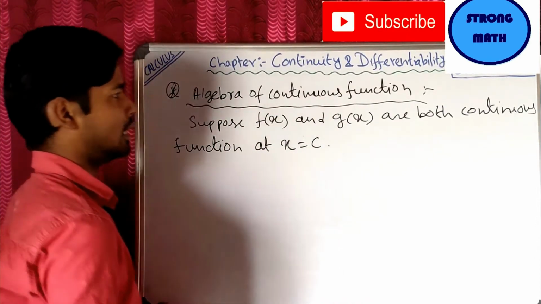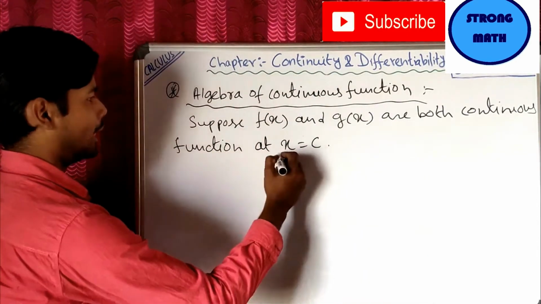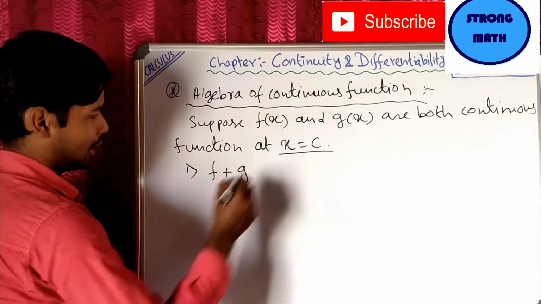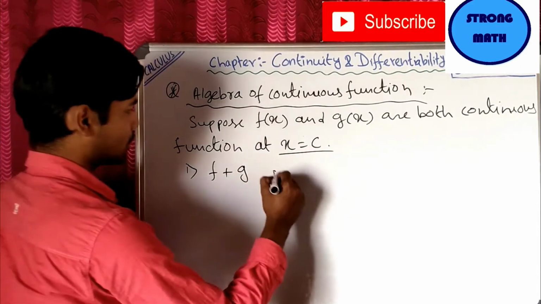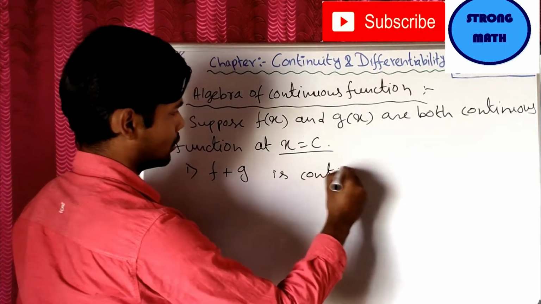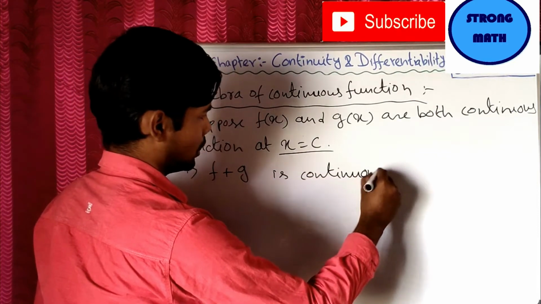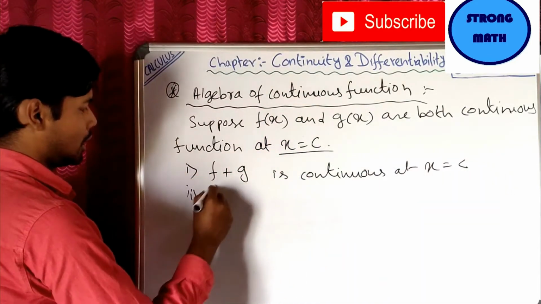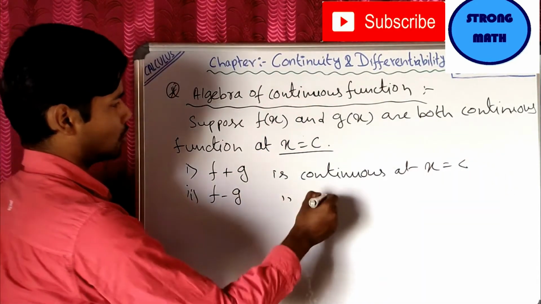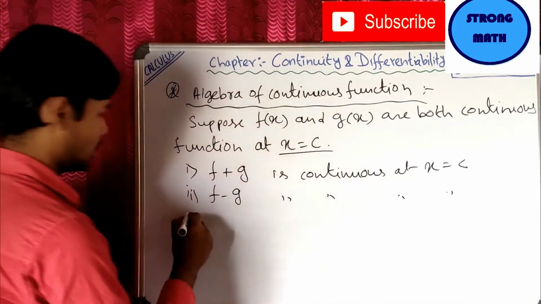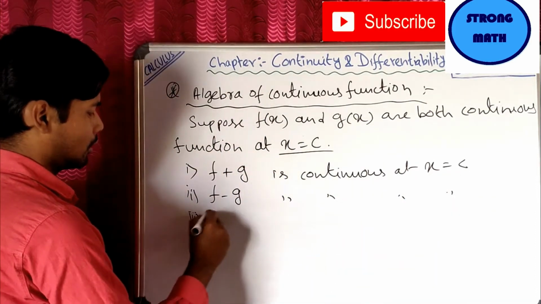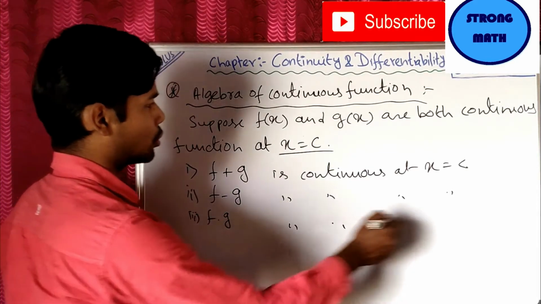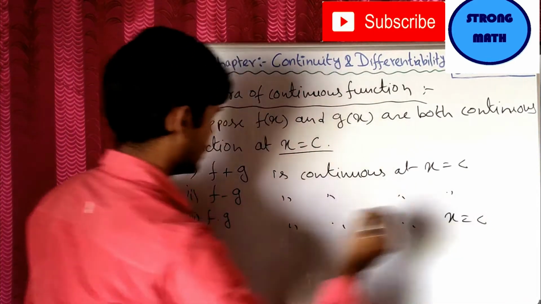Suppose fx and gx are both continuous at x equals c. Then number 1, f plus g, that is fx plus gx, is continuous at x equals c. Number 2, fx minus gx is continuous at x equals c. Number 3, f into g, that is fx into gx, is also continuous at x equals c.